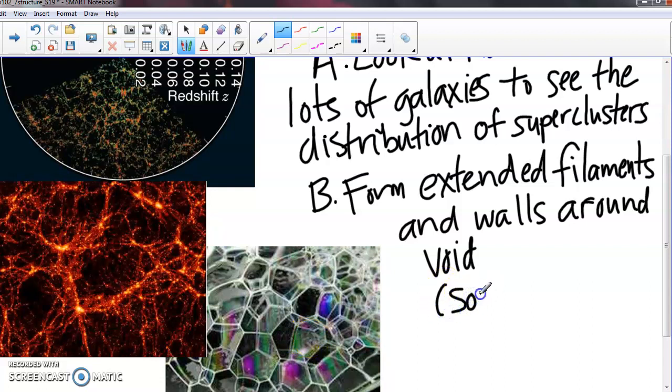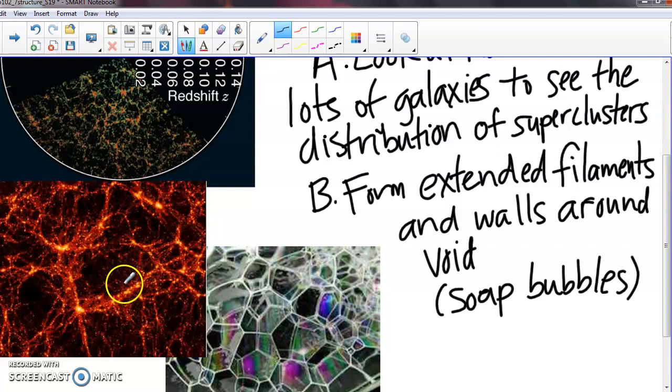It's a picture of soap bubbles, not individual bubbles, but all clumped together, right? So you have soap bubbles where the soap is the filament and the wall, and the void is what's in between. The superclusters are the filaments and the walls, and the void is what's in between.